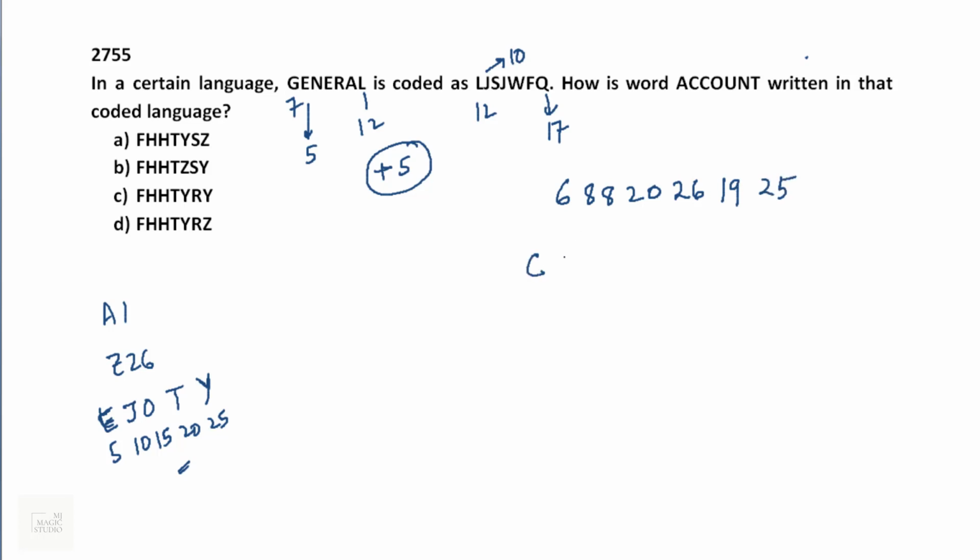Now 8 is H, 20 is T, 26 is Z, 19 is S, and 25 is Y. Sorry, 6 is F. So it should be F, H, T, Z, S, Y. Sorry for that error. F, H, T, Z, S, Y is in option B.